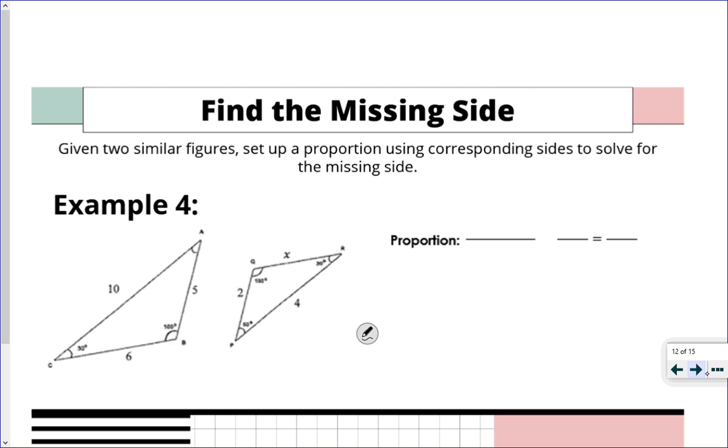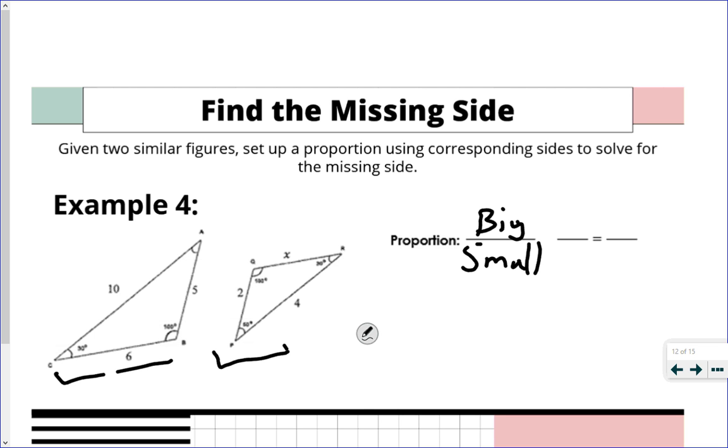All right, example 4. So here we have a big triangle and a smaller triangle. And we'll be big and small. And when you're trying to find the missing side, make sure that one of your terms here is the x.